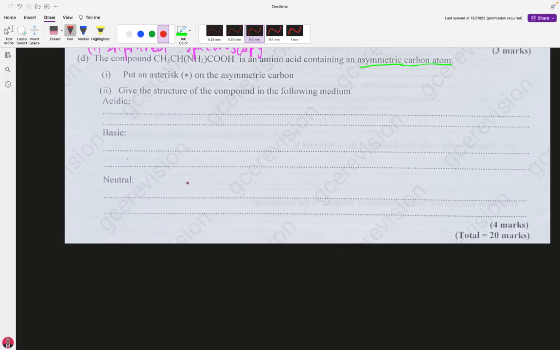So it is CH3. This is CH3. This is a carbon. This is the amino NH3 plus. This writing's not moving well.